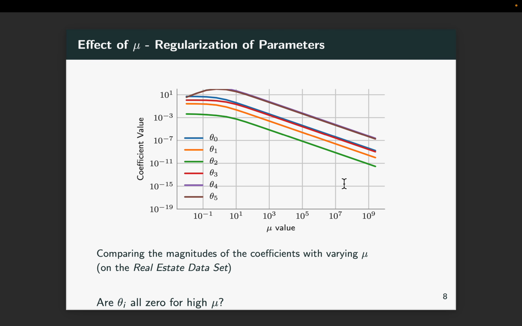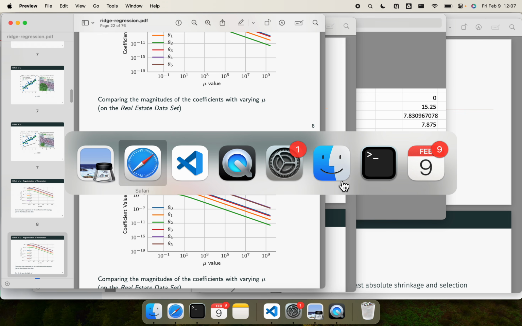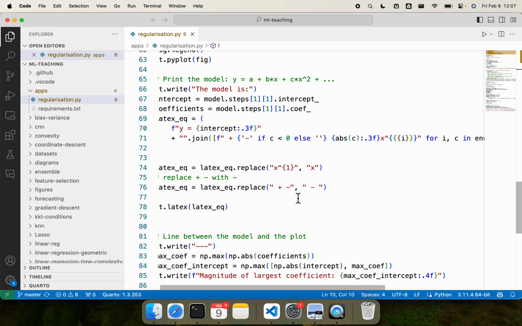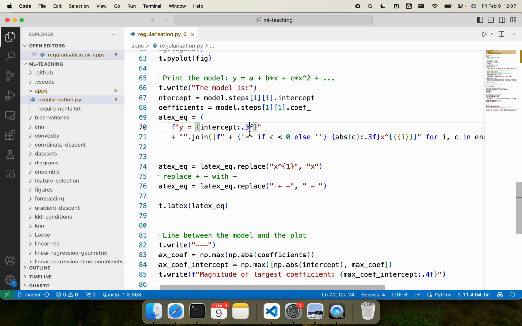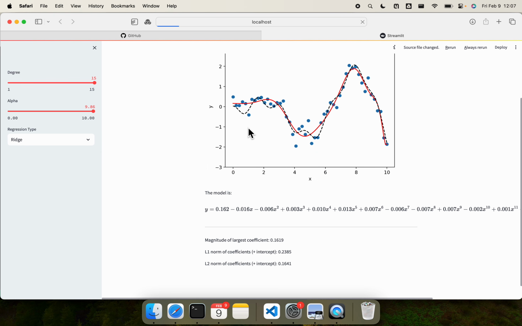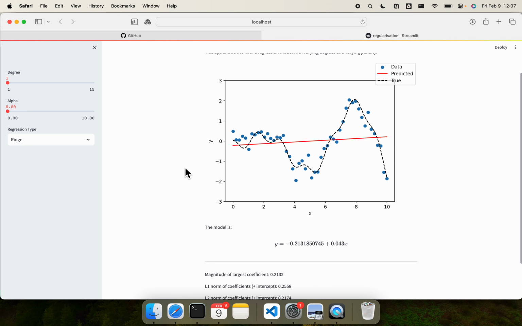The consequence of that is that each feature will contribute a little bit to your overall solution, but not exactly. So, in this kind of a setup, I was firstly using 3 decimal places here, but let us say I were to use 10 decimal places. And let me choose a high degree.